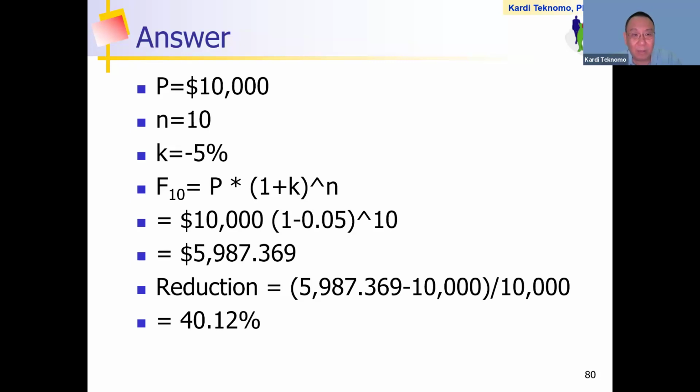So $10,000 today is equivalent to only almost 6,000 10 years later. So the total reduction is about 40%. Annually 5%, but in 10 years, it's actually reduced by 40%.